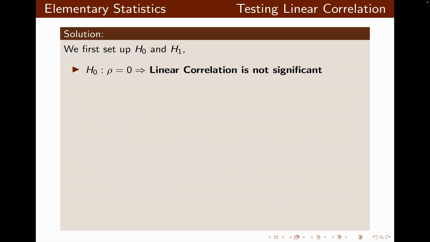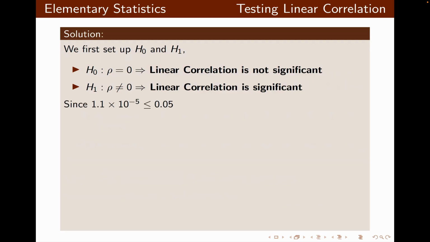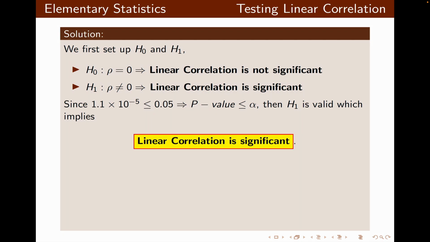H0: rho equal to 0, meaning linear correlation is not significant. H1: rho is not equal to 0, linear correlation is significant. Our p-value is less than or equal to alpha. Then in this case, H1 is valid, which implies linear correlation is significant.